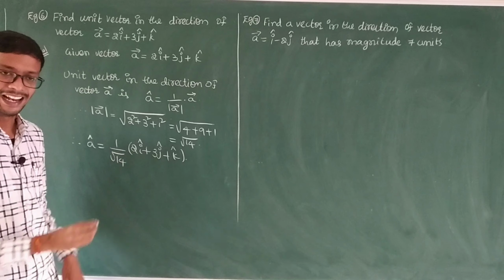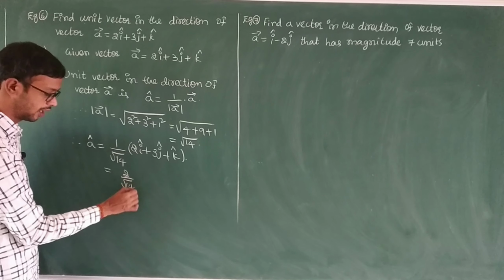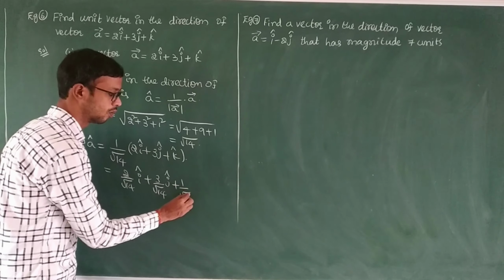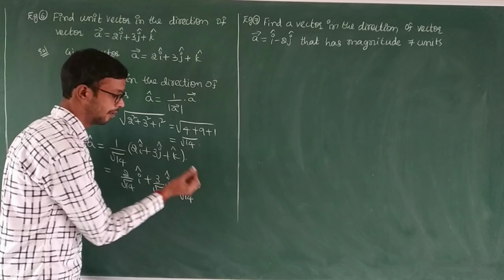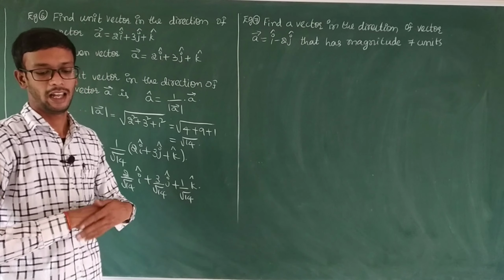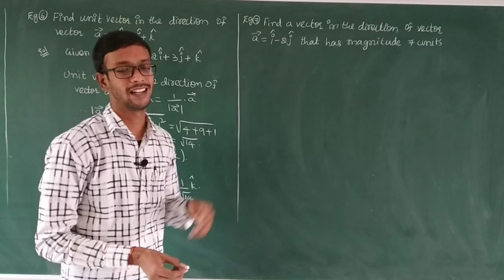After simplification, 2 by root 14 i cap + 3 by root 14 j cap + 1 by root 14 k cap. So this is the required unit vector in the direction of vector a bar. So next, example 7.